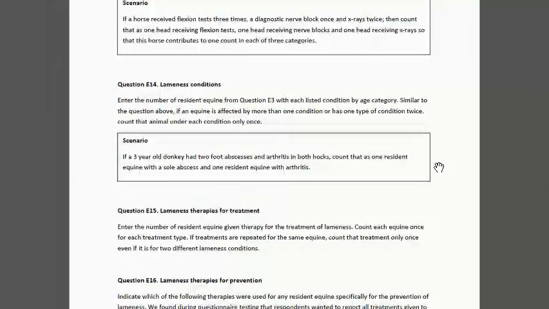If you aren't sure if something is a limb problem or a foot problem, write the best description you can for where it occurred and what occurred, and we'll try to help make that distinction.